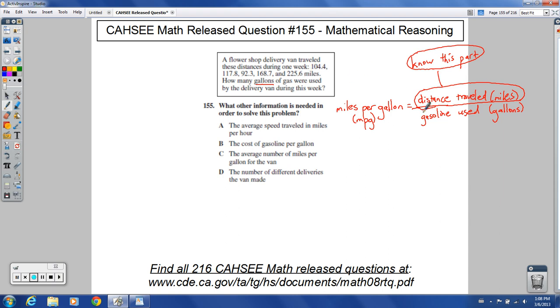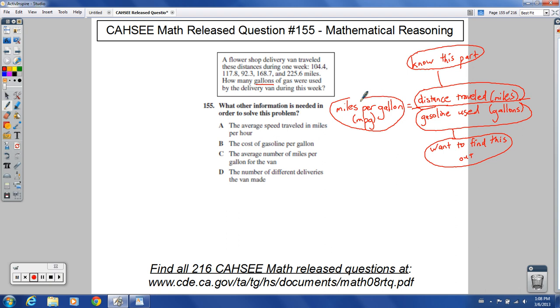So this is what we want to find out right here. And so it sure would be nice if we knew what the miles per gallon were for the van. If we knew that, then we could figure out, since we know this part, and if we knew that part, we would have the two parts. We could solve for this missing part right here.